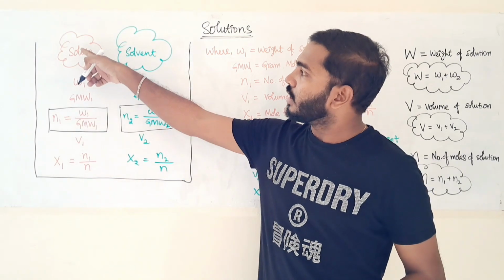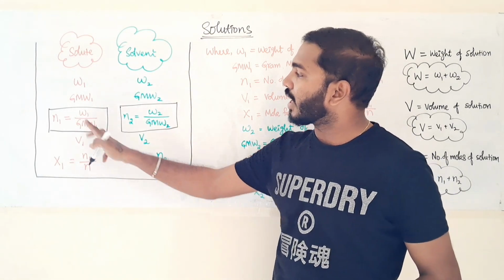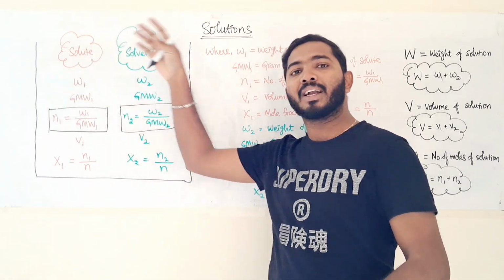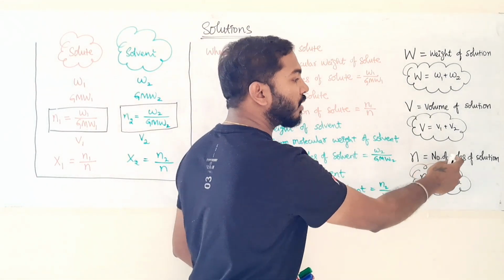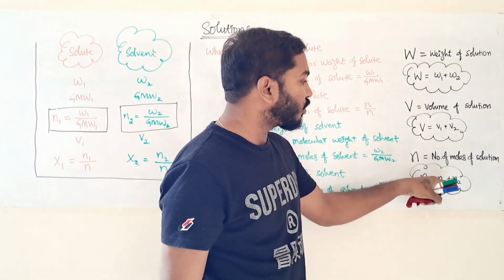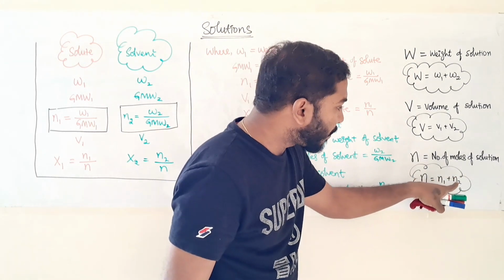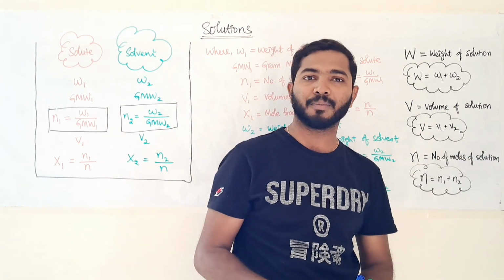Similarly, V1 is the volume of solute and V2 is the volume of solvent. Once we know the individual moles of solute and solvent, if we add them, we get the number of moles of solution, N = N1 + N2. The sum of number of moles of solute plus solvent gives us the number of moles of solution.